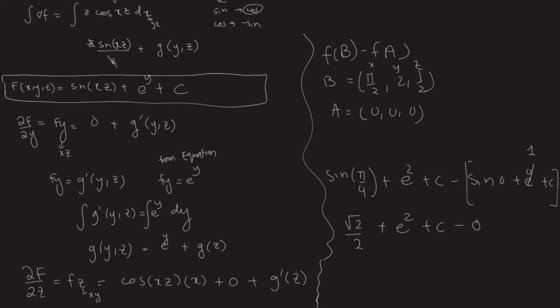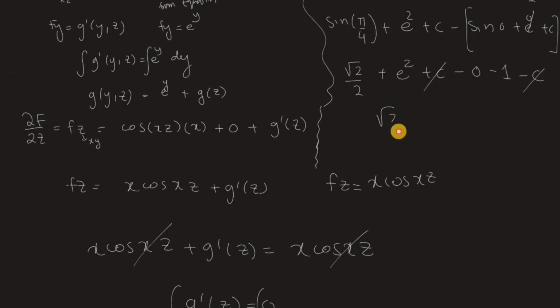So here the negative is going to multiply each one from here, so this is going to become negative sine of 0, this is going to become negative 1, and this is going to become negative c. So you have negative 1 and negative c. The c and c cancel out, and you are left with this, and this is your final answer for this question.